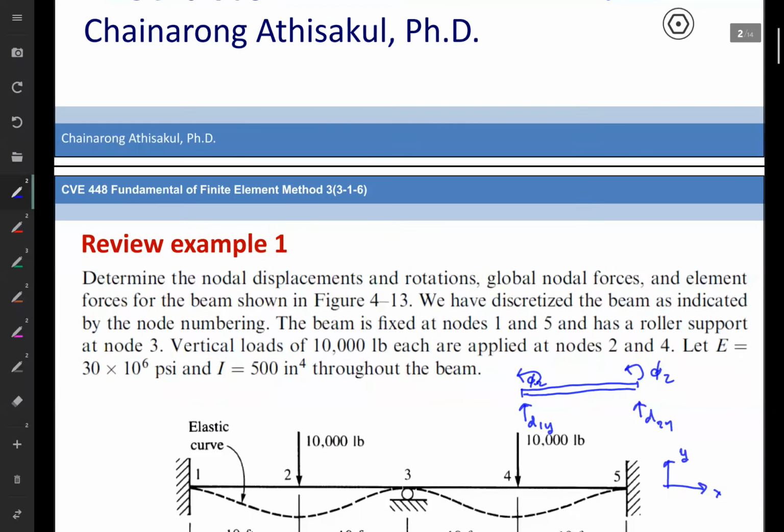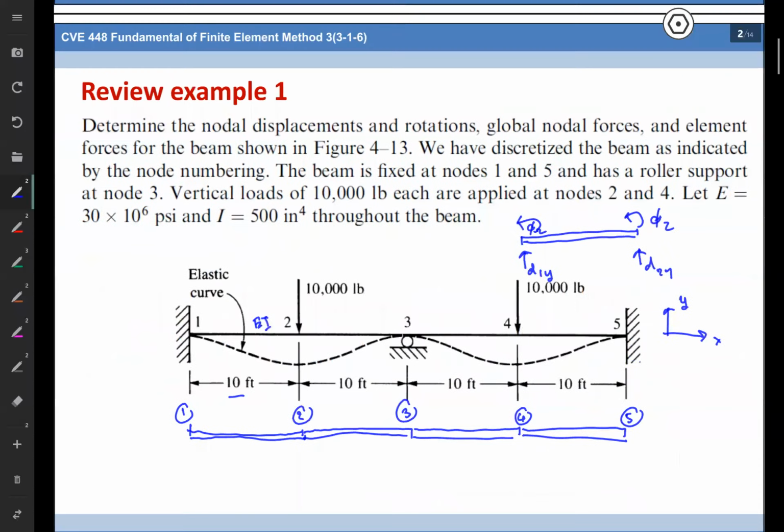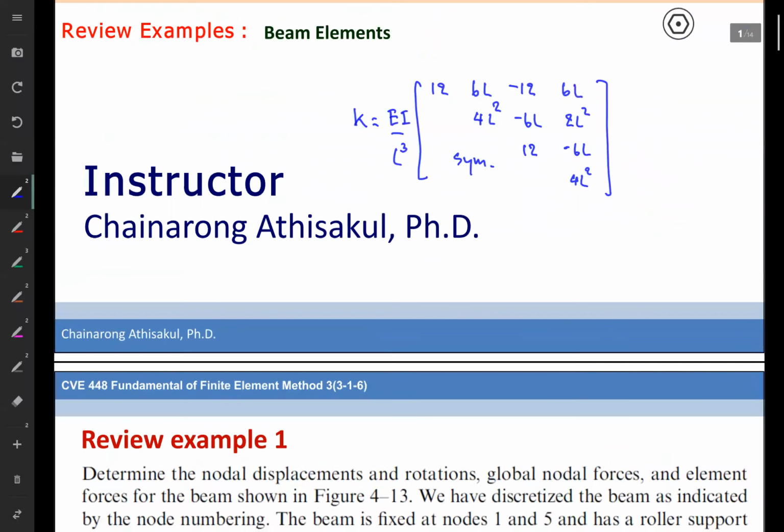We consider each element to have the same properties, the same EI and the same length. So the element stiffness should be equivalent for each element, in this same form.